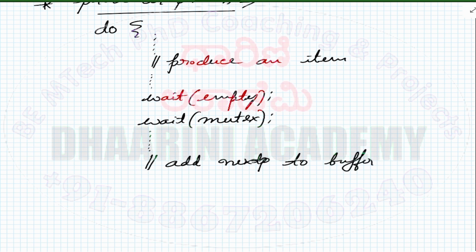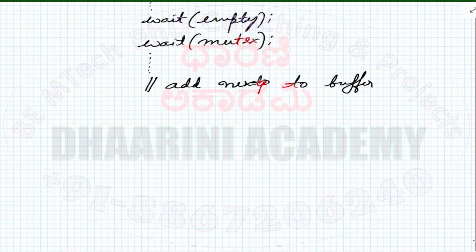We had a buffer earlier, and from the buffer you used to add something and take something out. When you add something, others should not be able to take it out, because you had a problem with it. That's why we are trying to solve it now. After you finish the adding process, you go for a signal.